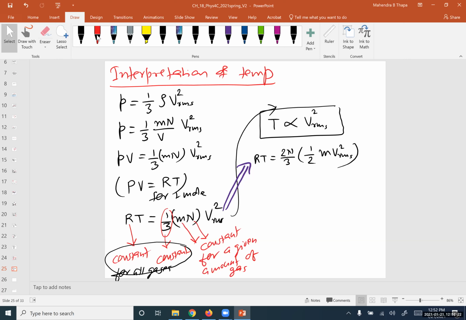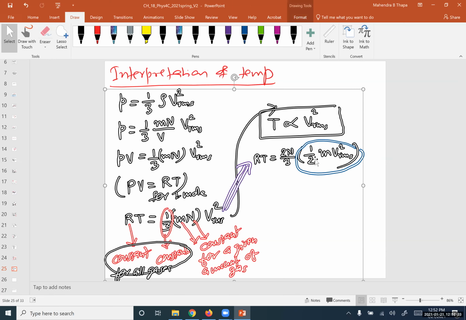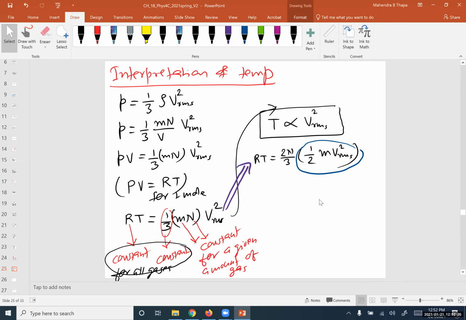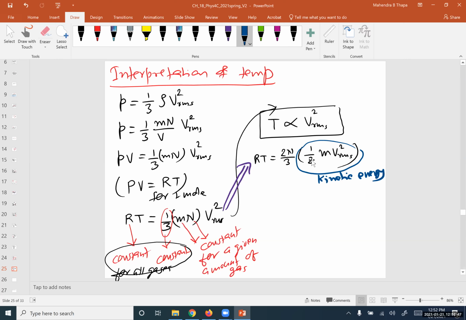But if you look here, what does this represent? This is the kinetic energy. This is the kinetic energy of a single molecule.